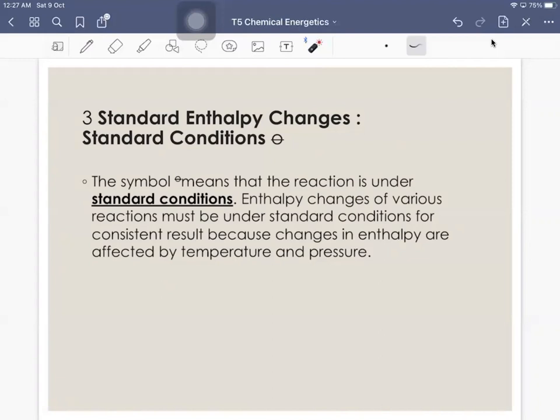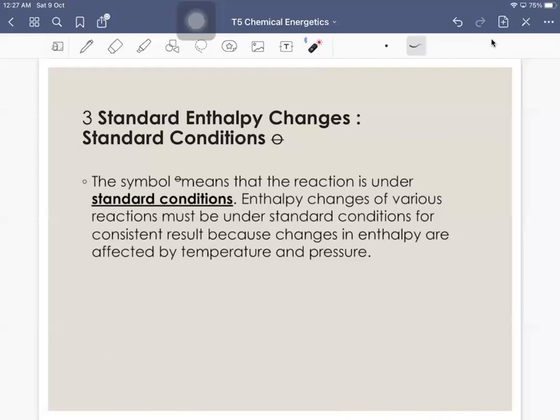When you change the temperature, the values will change. Likewise with your pressure. So if you want to have a fair comparison, you need to use the same conditions. Otherwise, you will get different enthalpy values when you carry out the reaction at different times and different places.